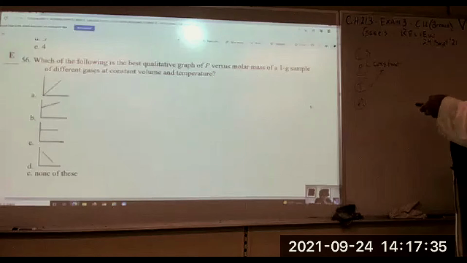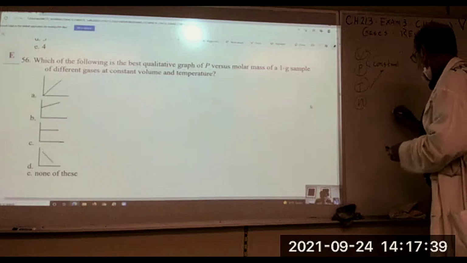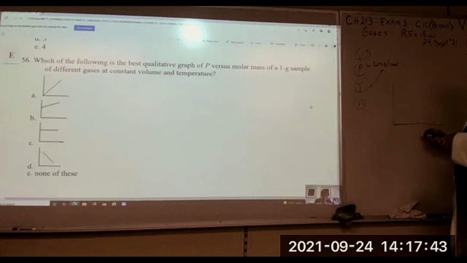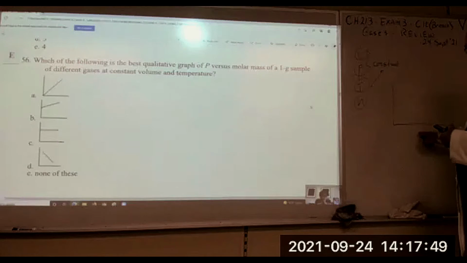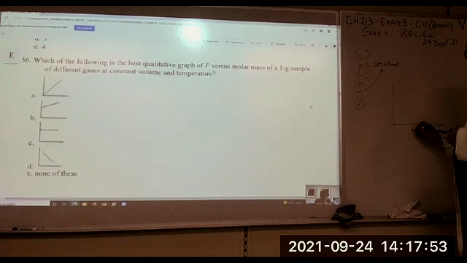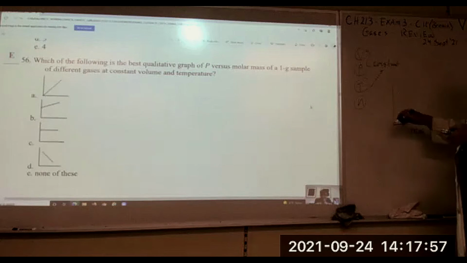Which of the following is the best qualitative graph of pressure versus molar mass? So pressure versus molar mass would look like what? By the way, which would we consider the independent variable? Which one goes down here? I would think the molar mass would, right? And that effect on pressure.